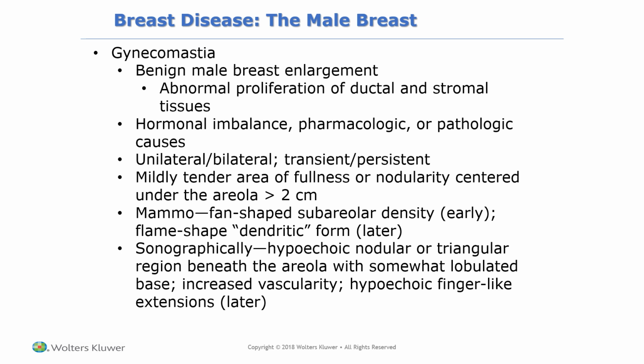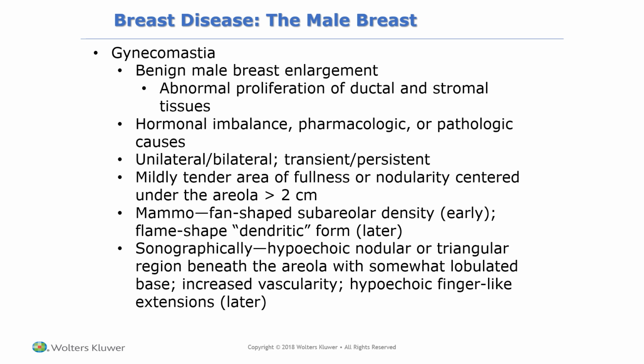2 centimeters. If they're completing a mammogram of a gentleman with gynecomastia, they'll often see it appear as a fan-shaped subareolar density, so just below the nipple. And then as it progresses over time, it takes on more of a dendritic form.